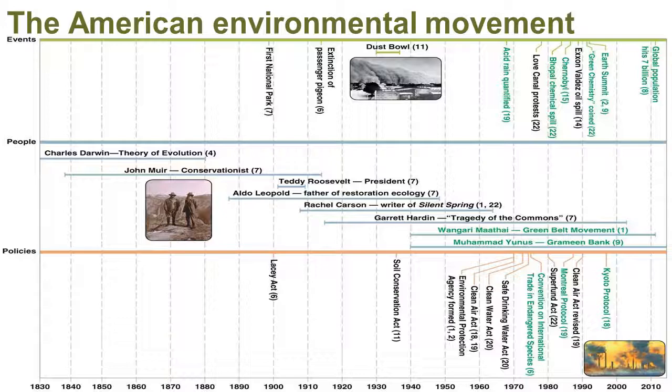The other international policies were the Montreal Protocol and the Kyoto Protocol, which happened in the mid-1980s and the mid-1990s. Both of these international agreements were focused on reducing climate change.